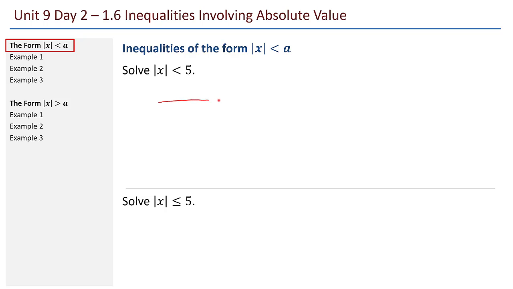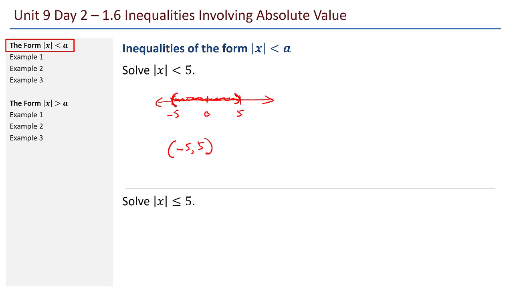So on the number line, I have 0, 5, negative 5. My number has to be somewhere in between the negative 5 and the positive 5. Since it's a strict inequality, I get the parentheses on both sides. So the solution set is this open interval from negative 5 to 5.